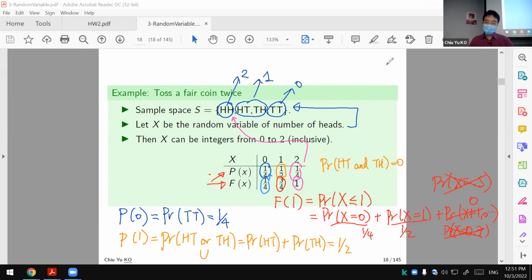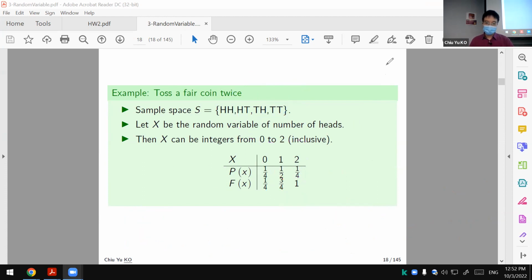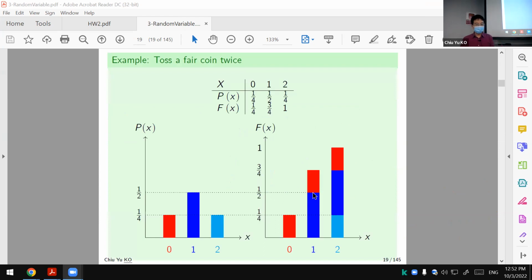The easiest way to see how they change is to look at this diagram. See for yourself how they change from each other. First I tell you how you go from P to F. If you stack the first one to the second one, it gives you this one.